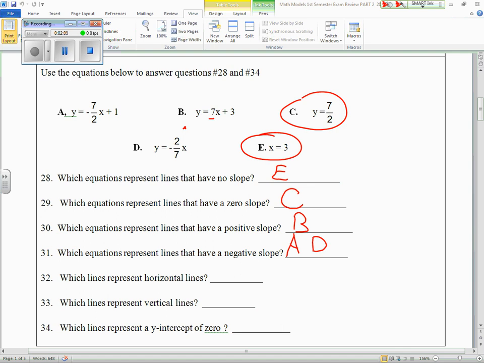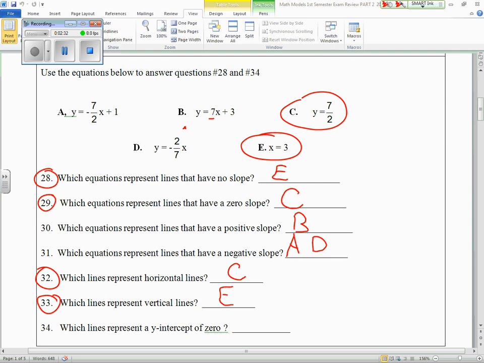What's the slope of a horizontal line? 0. So that would be the same as 29. 29 and 32 should have the same answers. Vertical line would have no slope. It would be the same as E.